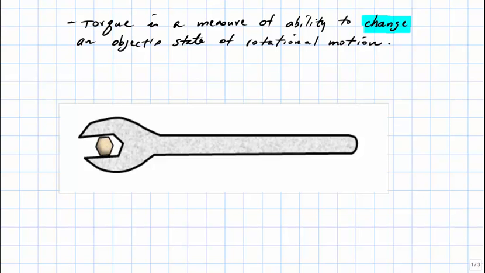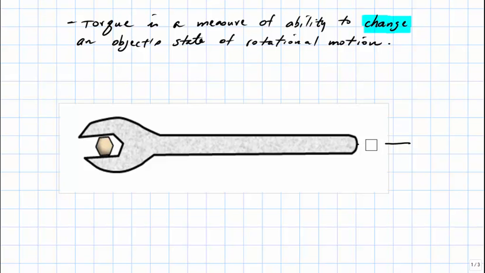Now, if you've used a wrench before, you know that the location and the direction, as well as the magnitude of the force, all play a very important role. If we applied a force in a direction that is parallel to the wrench, we know that this force will not enable us to loosen this nut.